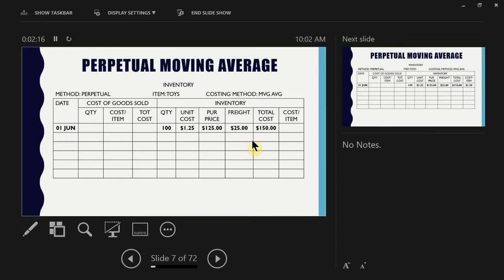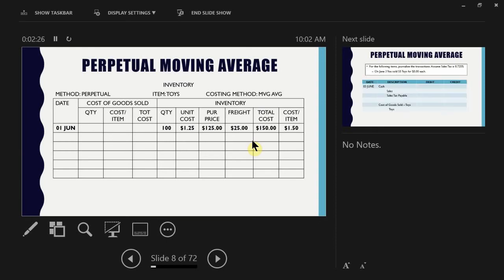Because this is the only batch and it's already there, that's the first thing we did, our first purchase of inventory. We can calculate our cost per item, because even if we don't make any other purchases, that's the only one you have. So the average cost for the first batch is $1.50.